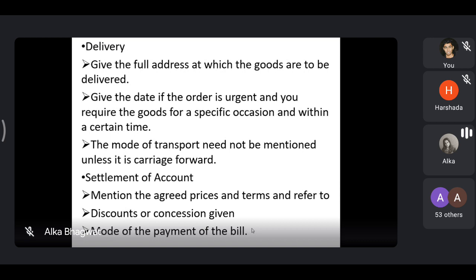Whenever you give the date, you should also give the timing at what time you want it. For example, if it's a special wedding occasion or a banquet function, you need it at that particular time only. So write that down also in the letter.